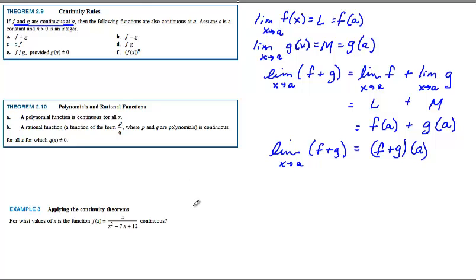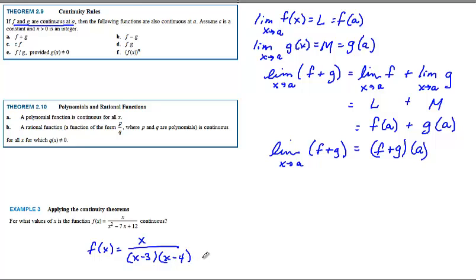The next thing they want me to do is find for what values of x this function is continuous. Well, I can tell you where it's not continuous, and then that would let me know where it is continuous. So let me factor: x minus 3, x minus 4.